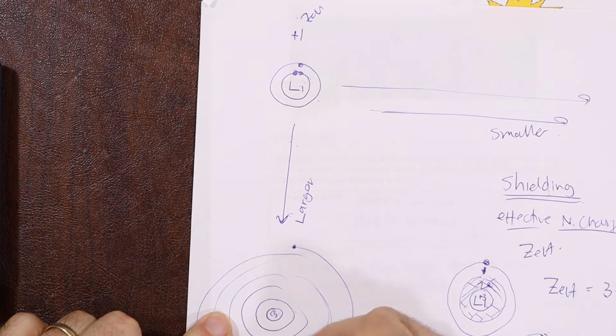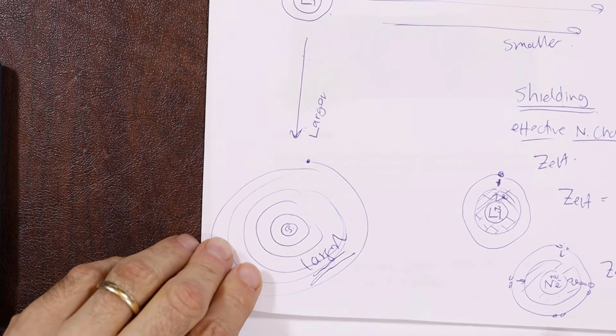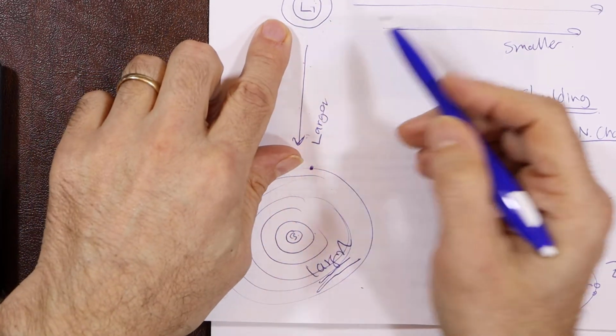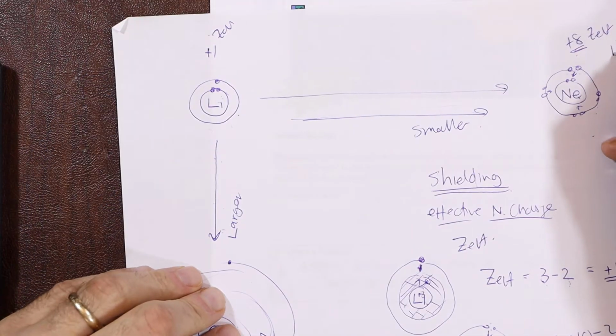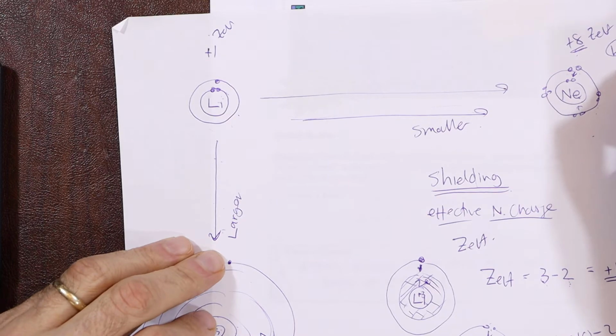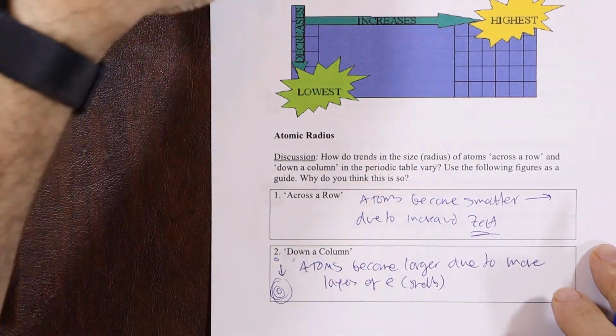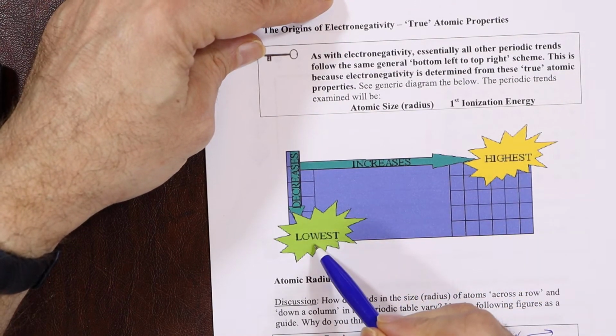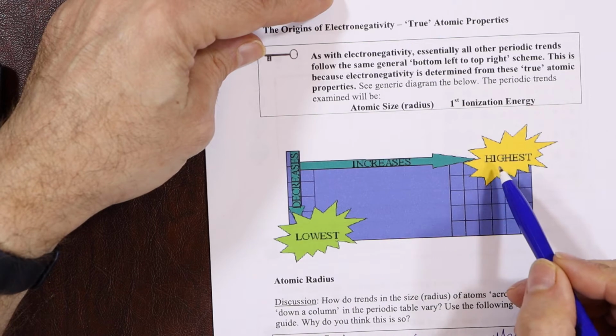So this guy here is the largest. All right. So bottom left is largest. Makes sense, right? Where's the smallest? Well, it's going to be at the top, and to the right, which is actually, in nature, helium is the smallest atom. Okay, that's the smallest. So our trend, yes, it is diagonal. But for radius, it's the largest atom here and the smallest atom here.